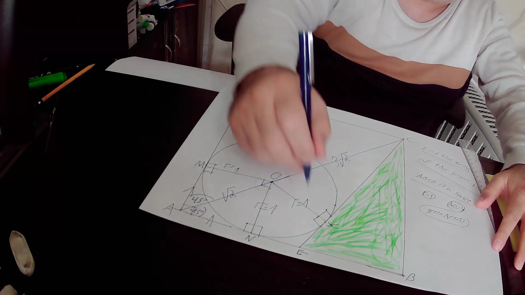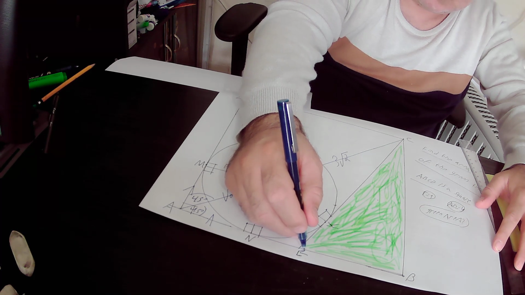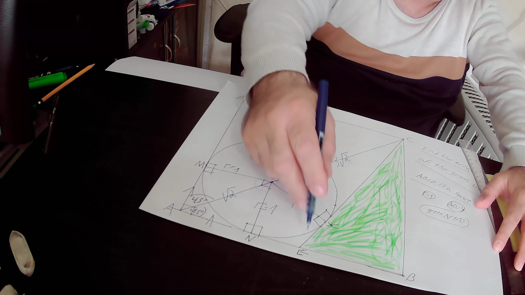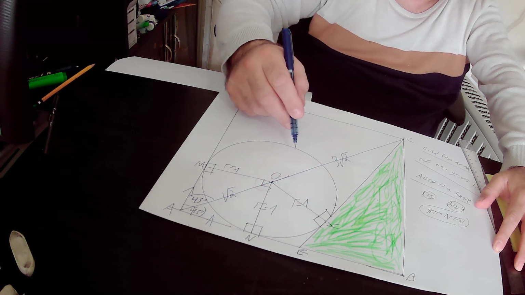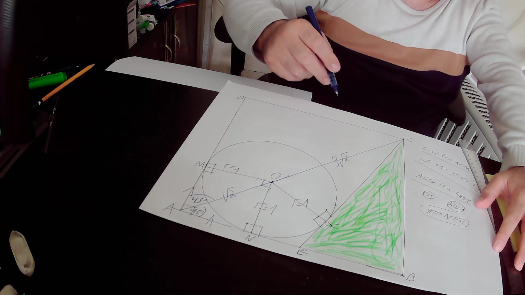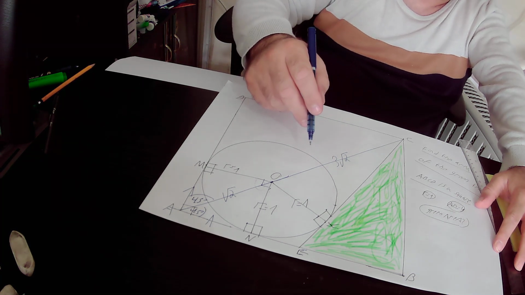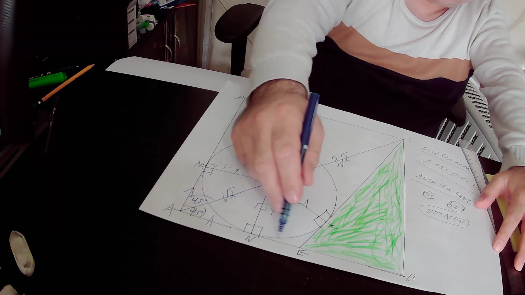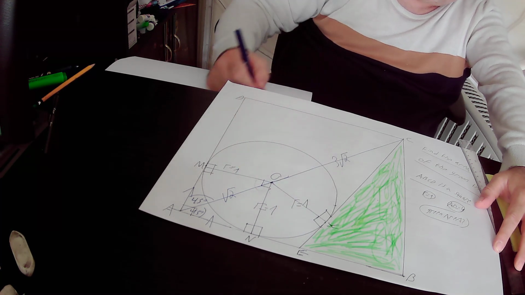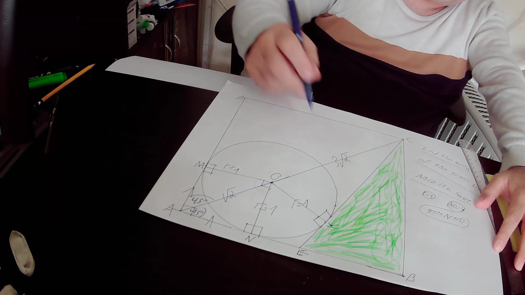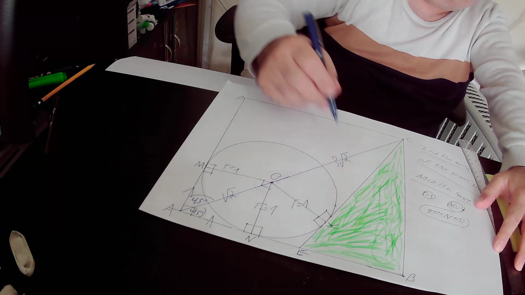Because point E is not located in this circle nor on this circle, but it is outside this circle. Therefore, point E is an external point of this circle, and from point E we have two tangents to this circle. The first tangent is EN, and the second tangent is EK, this tangent.